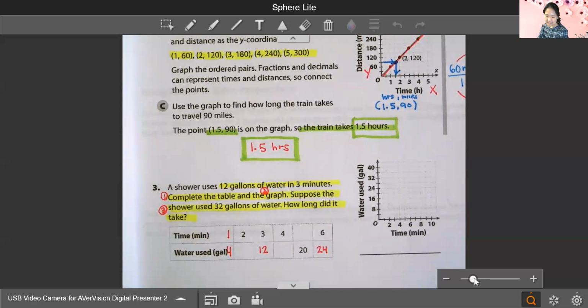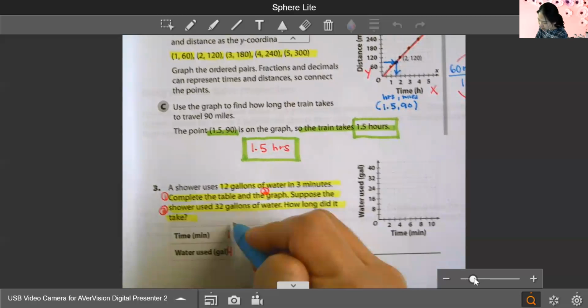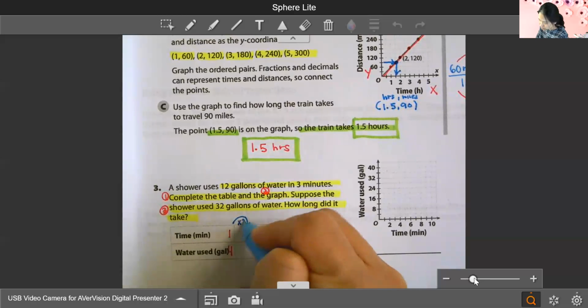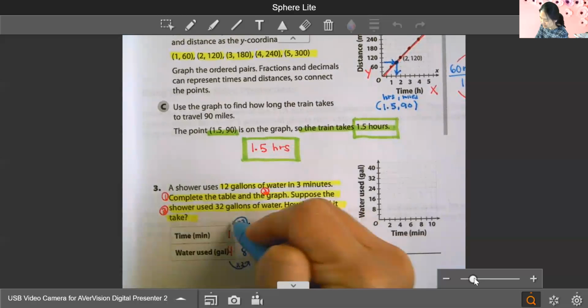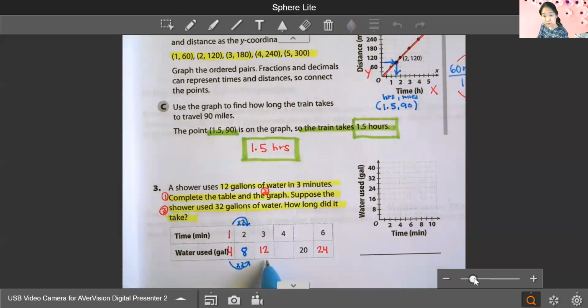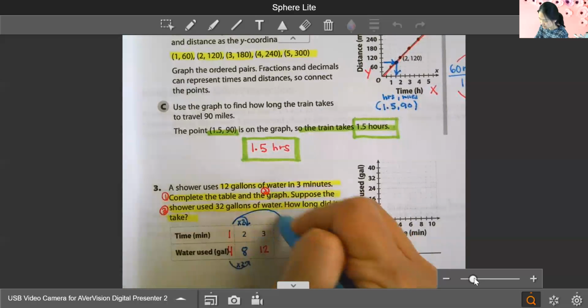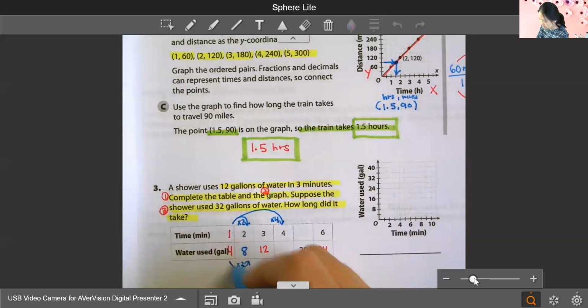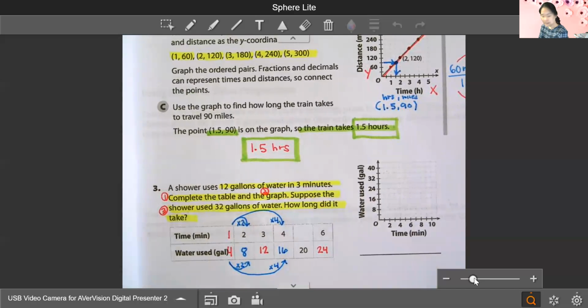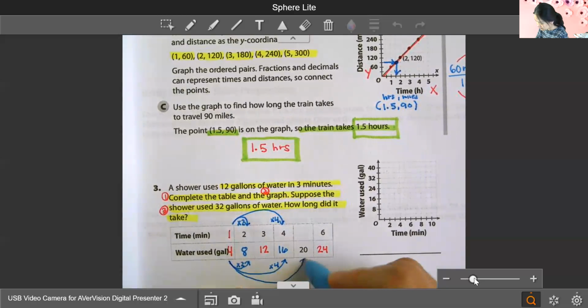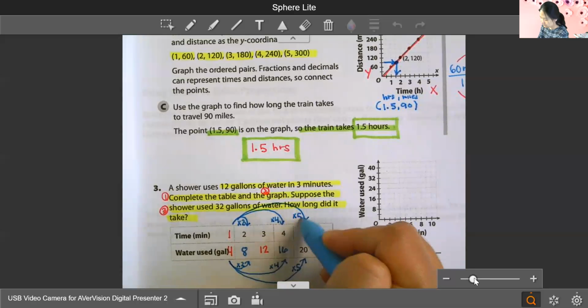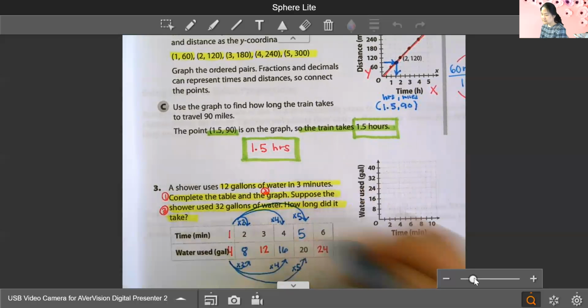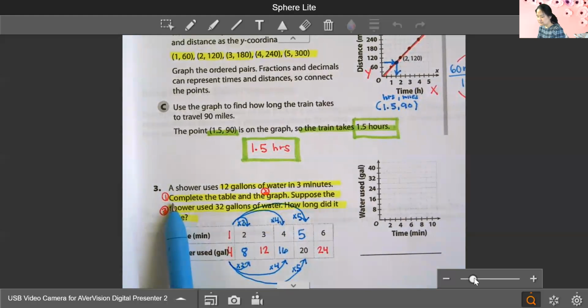Then notice how it's now much easier. 1 times 2 is 2, so 4 times 2 is 8. 1 times 3 is 3, 4 times 3 is 12. 1 times 4 is 4, so 4 times 4 is 16. 4 times 5 is 20, so 1 times 5 is 5. So I did the first one, completing the table.